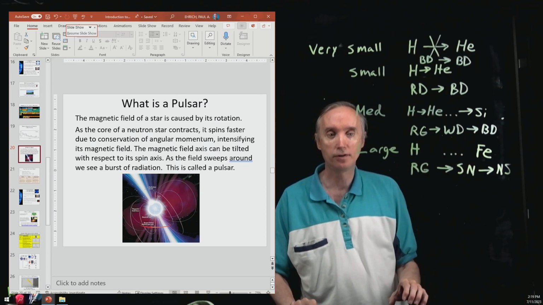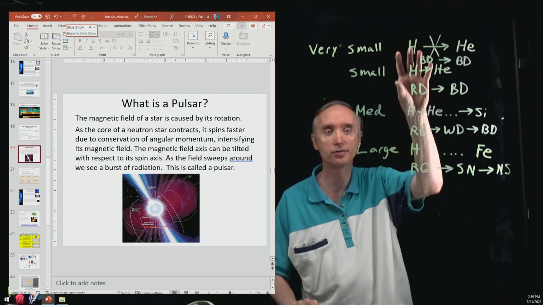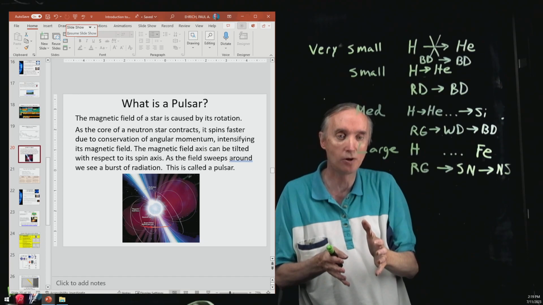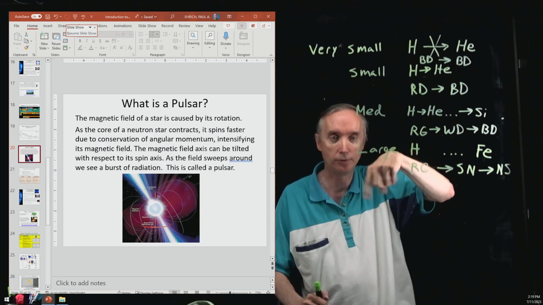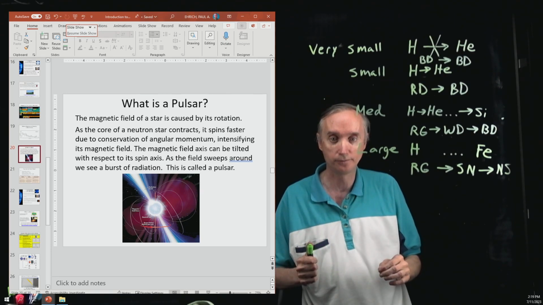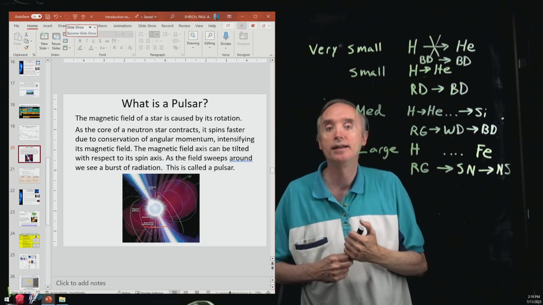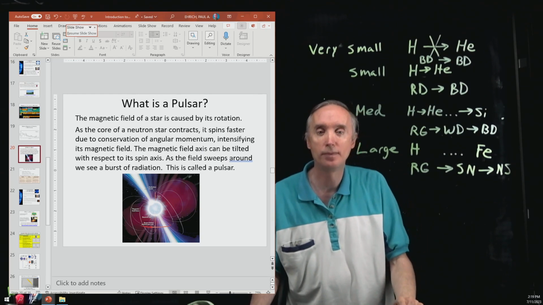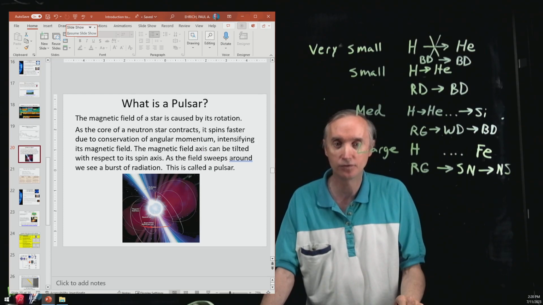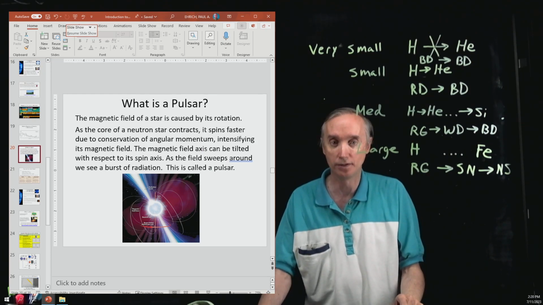So as a star turns from a regular-sized star into a white dwarf, its radius is getting smaller, so it's going to speed up. That means its magnetic field is going to get stronger. Now, another thing though is the magnetic field axis does not have to align with the spin axis.